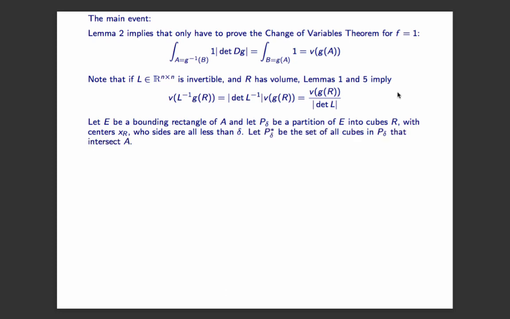And let P delta star be the set of all cubes in P delta that intersect A. Then the volume of G of A is less than or equal to the volume of G of all of the subrectangles that intersect A. Right? Because all cubes intersecting A, if I take their union, they completely contain A.